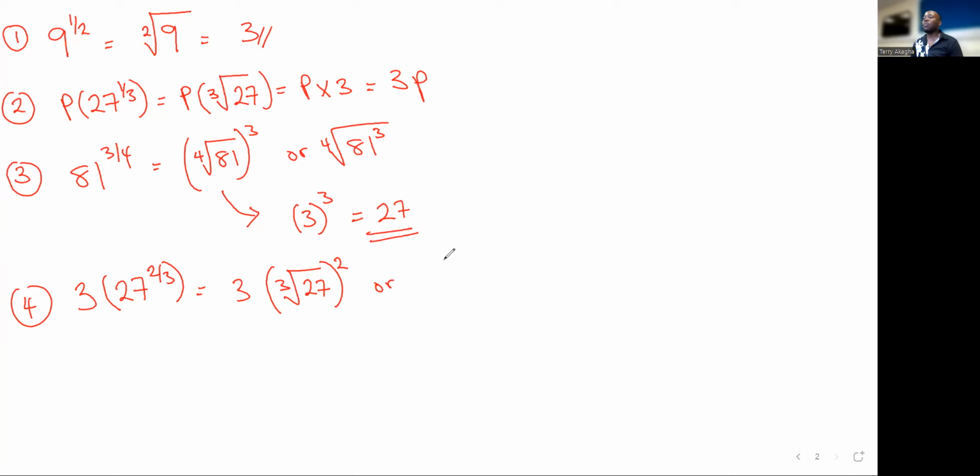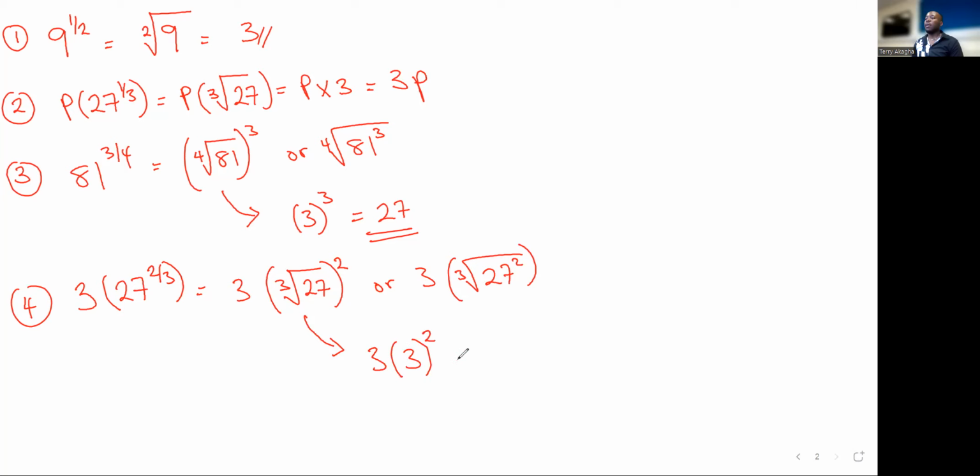Or you can say 3 multiplied by 27 raised to the power 2, then the cube root. Any of them should give you the same answer, but I'll prefer to go for this because it's easier to solve, because I know the cube root of 27 to be 3. Then 3 raised to the power 2.